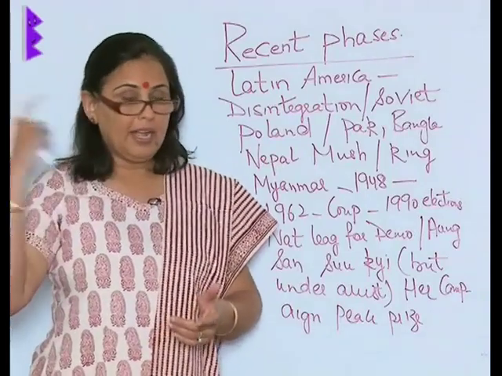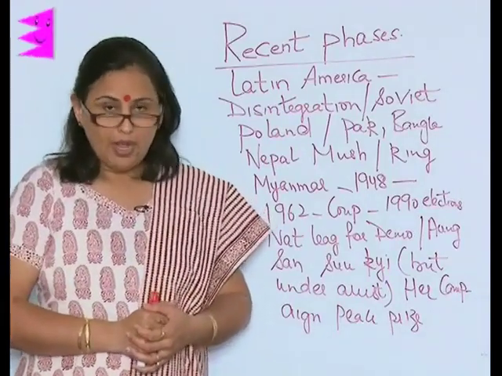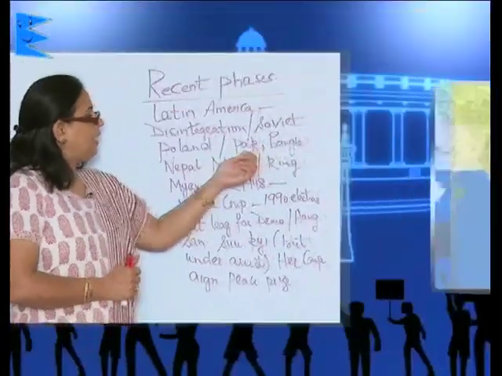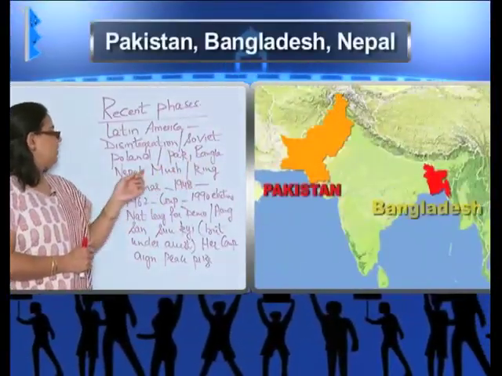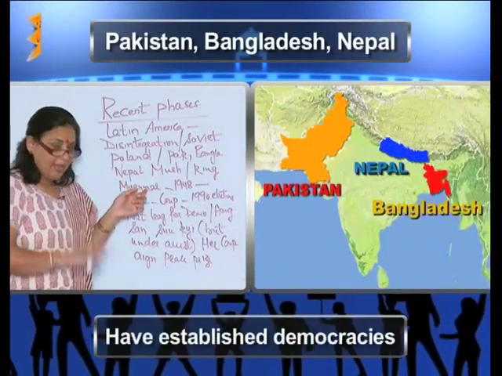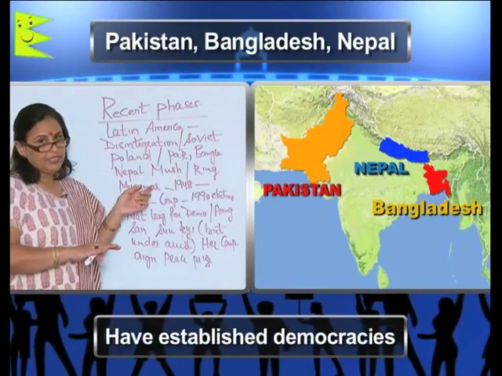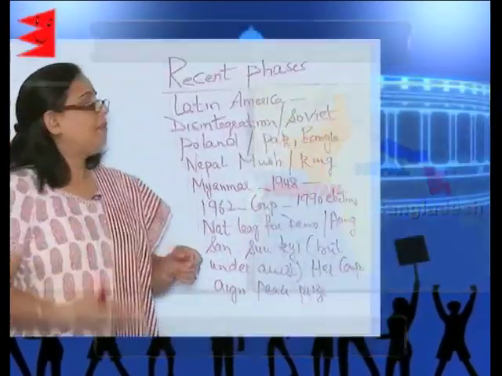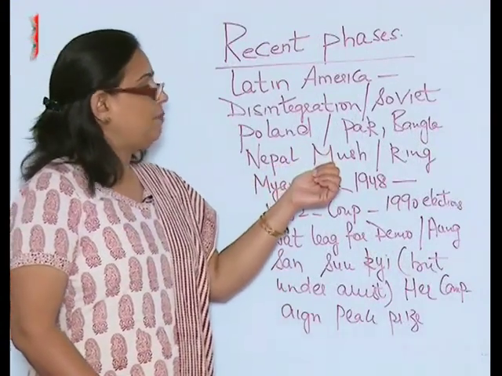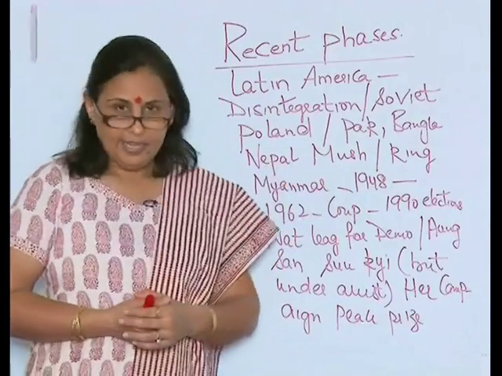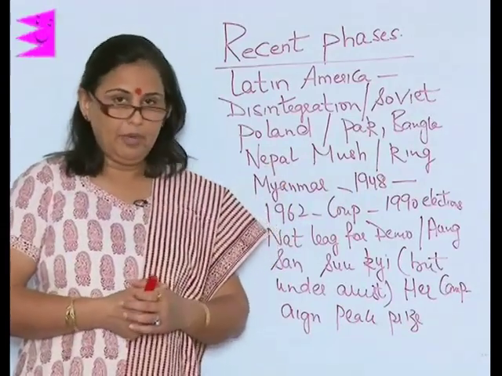If we look at the countries around us, that is our neighbors, then Pakistan, Bangladesh, Nepal, all these countries have established democracies. Of course, there have been certain hitches, but whether it is General Musharraf or the King of Nepal, they have played dirty in between.